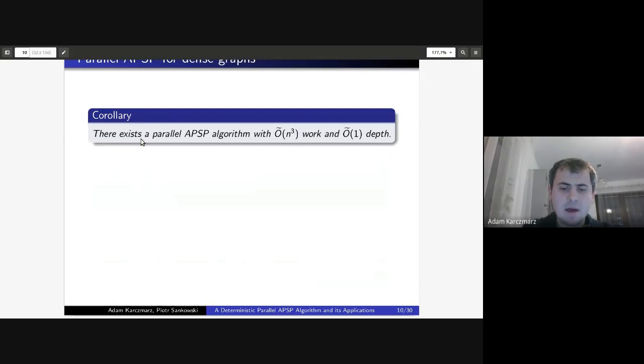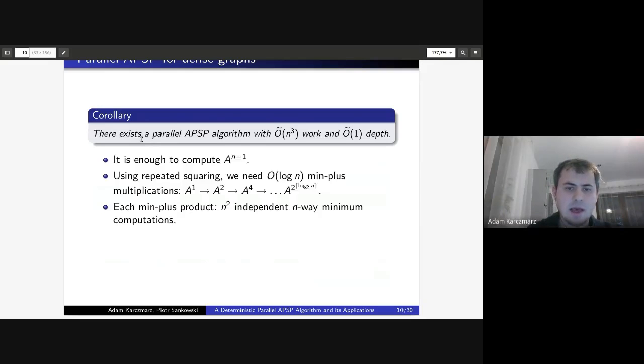So now, given that, it is easy to get a parallel APSP algorithm with constant depth and cubic work. So this is the folklore algorithm. Namely, it is enough to compute A to the power n-1 using min-plus product because the shortest path has less than n hops, unless there are some negative cycles.